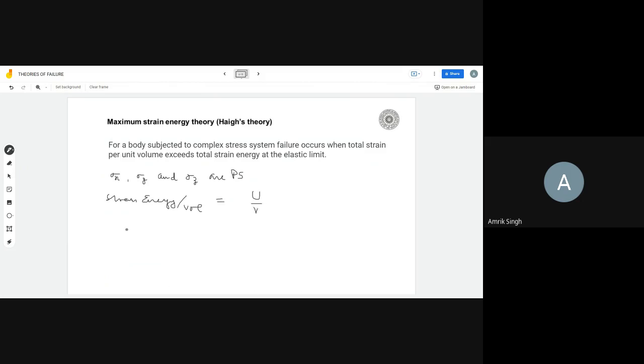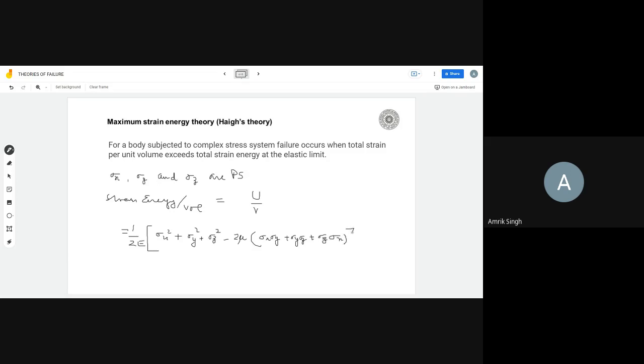So strain energy per unit volume can be given by the relation 1 upon 2E times sigma x square plus sigma y square plus sigma z square minus 2 mu times sigma x sigma y plus sigma y sigma z plus sigma z sigma x.